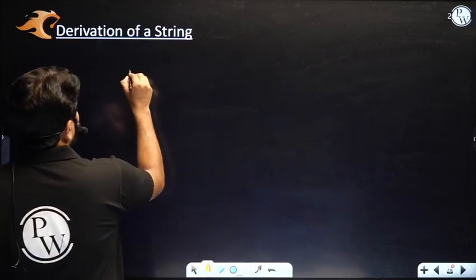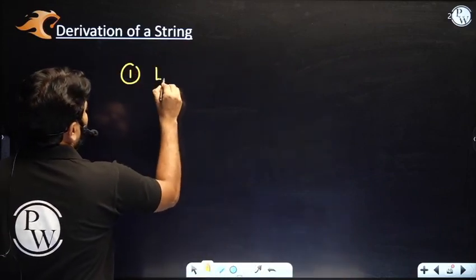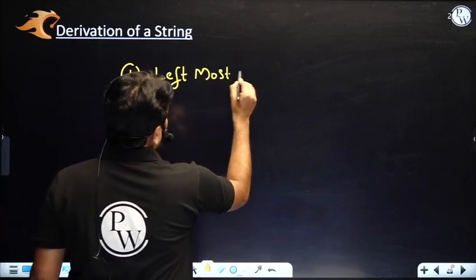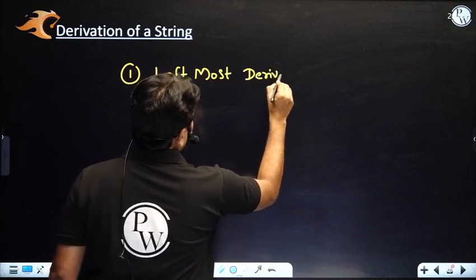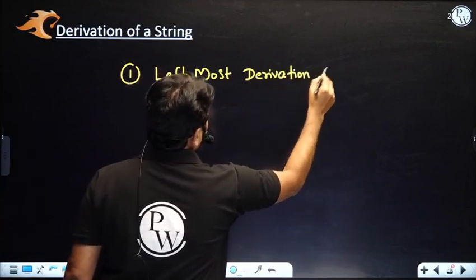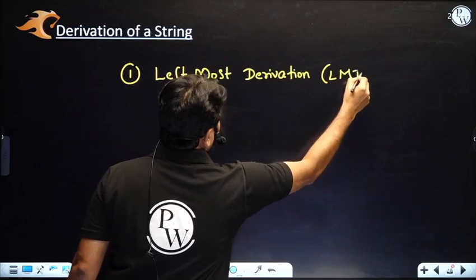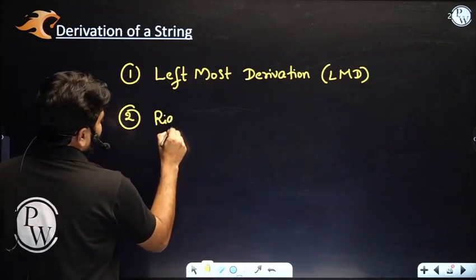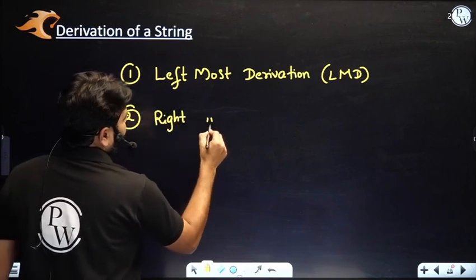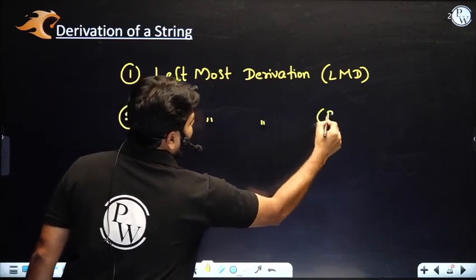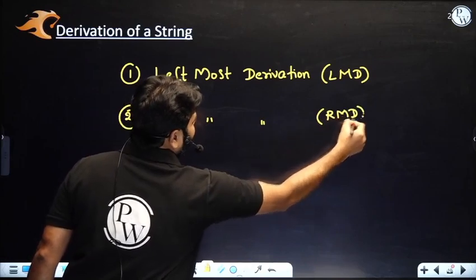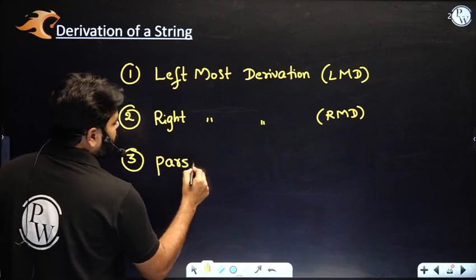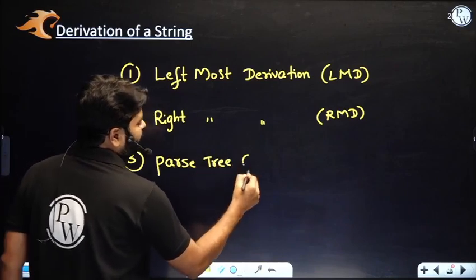There are 3 ways. The first one is the leftmost derivation technique, which you may call LMD. The second one is rightmost derivation, which you may call RMD. And the third one is a parse tree, also called a derivation tree.